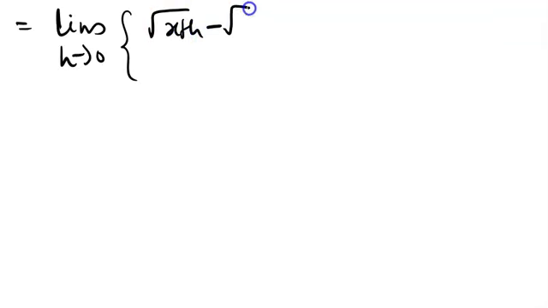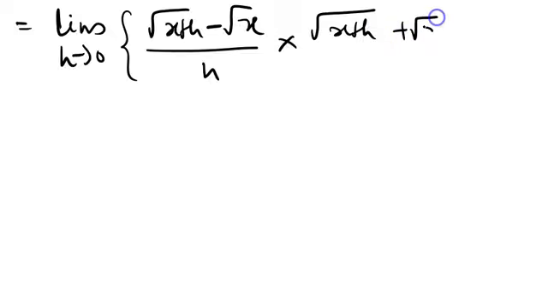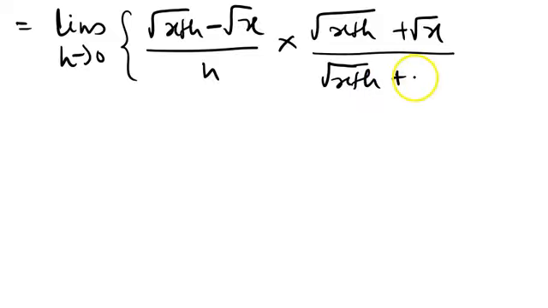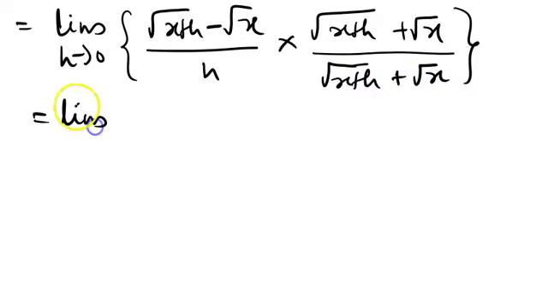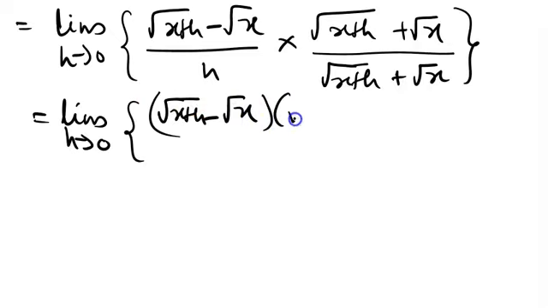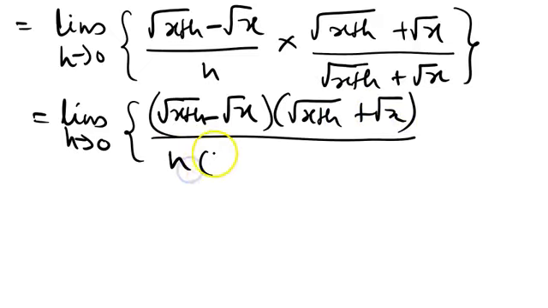So to rationalize, the limit as h tends to 0 of root x plus h minus root x over h, times the conjugate, root x plus h plus root x over root x plus h plus root x. Let's simplify further: the limit as h tends to 0 of root x plus h minus root x times root x plus h plus root x, over h times root x plus h plus root x.